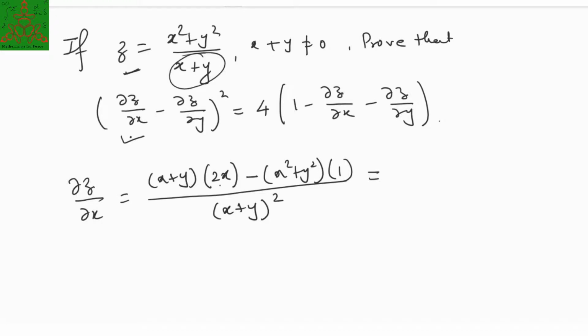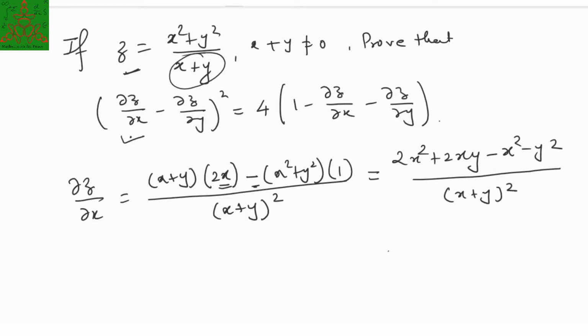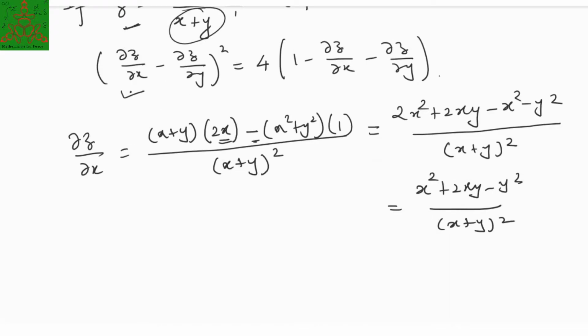If you multiply this 2x inside the bracket, it will be (2x² + 2xy − x² − y²), because this minus will multiply inside the bracket, upon (x + y)², and if you simplify this you will have (x² + 2xy − y²)/(x + y)². Can you tell me what should be now ∂z/∂y?